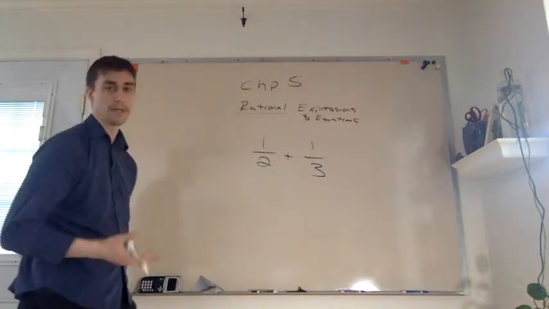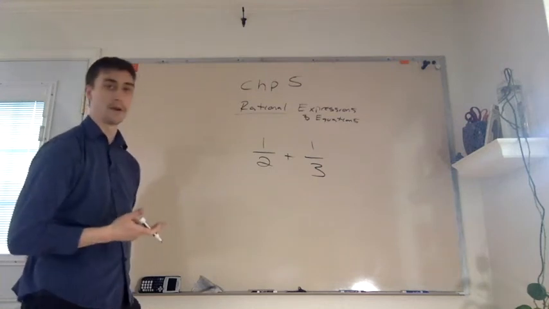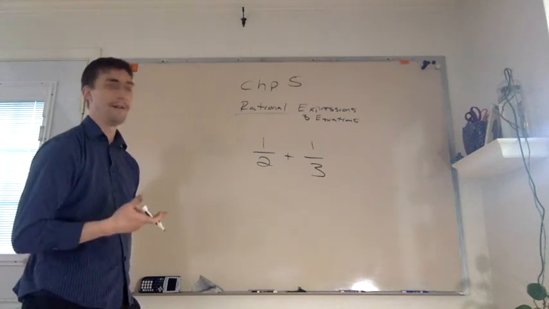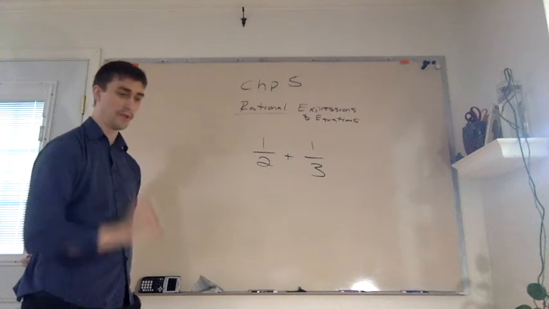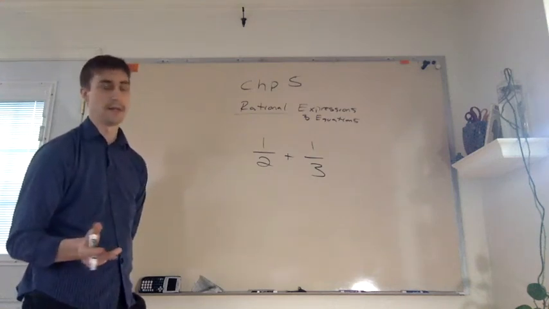And in order to do this, you absolutely have to have the same denominator. You can't do it if the denominators are different. So you have to do this process called finding the common denominator. And that's a whole thing. People have different ways of doing that. But I'm going to show you a really specific way of finding the lowest common denominator.